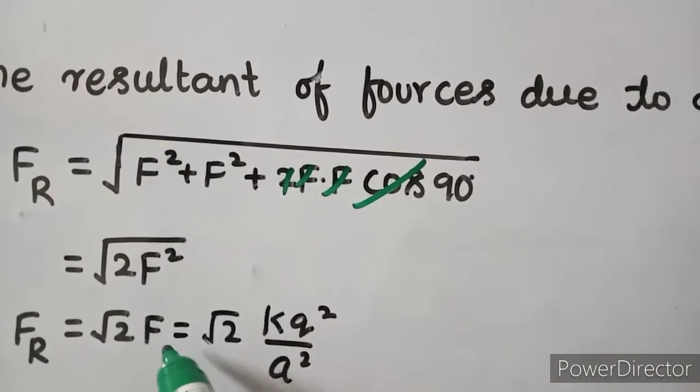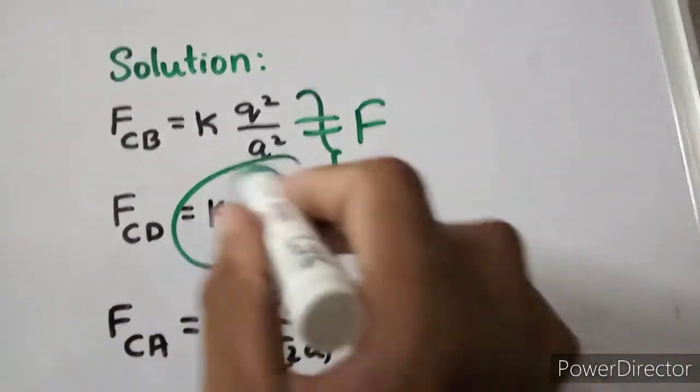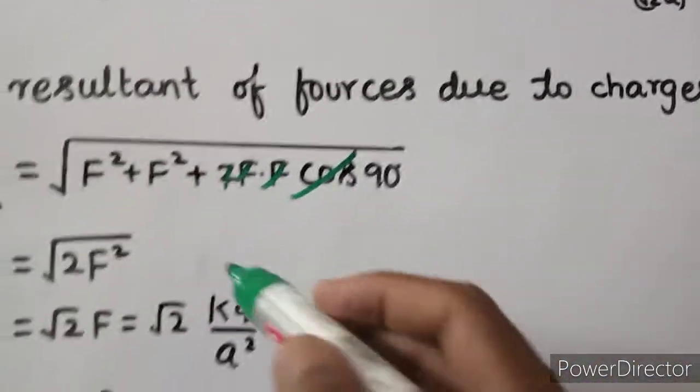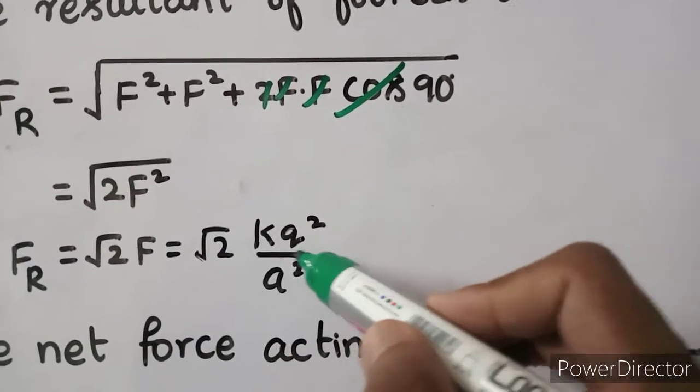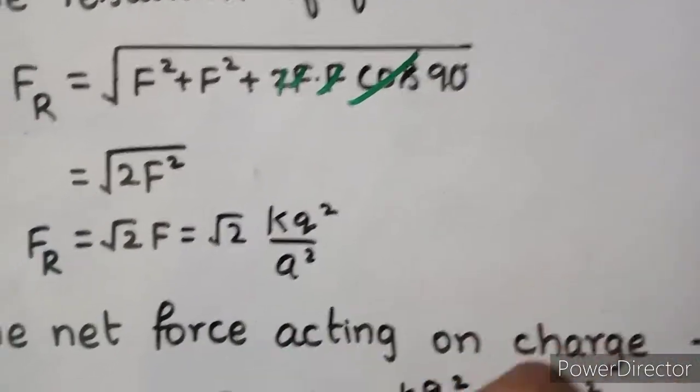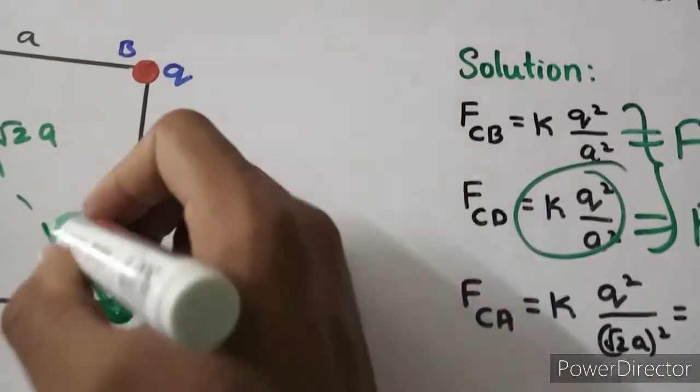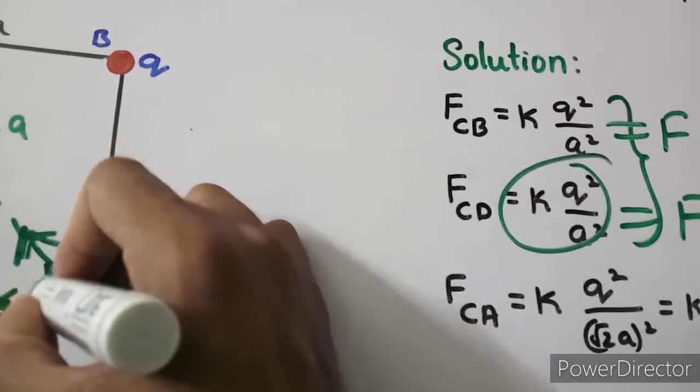What is F? Again this term only, K Q square by A square. Just substitute that there. So we get root 2 K Q square divided by A square. Now you can add these two forces, because this force is along this force.